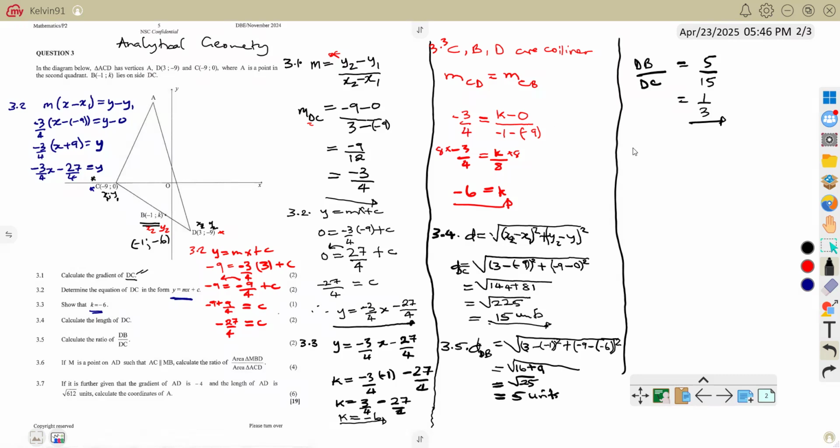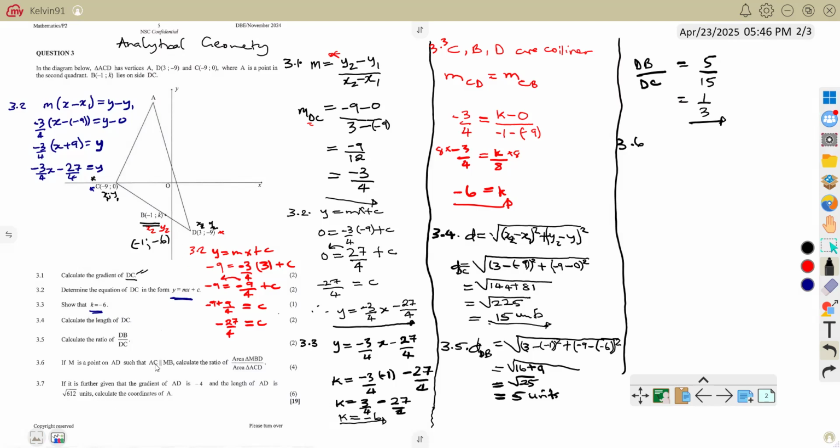Then we are on question 3.6. On question 3.6, you are told that M is a point on AD, so it means M is a point that will lie on this line, AD.